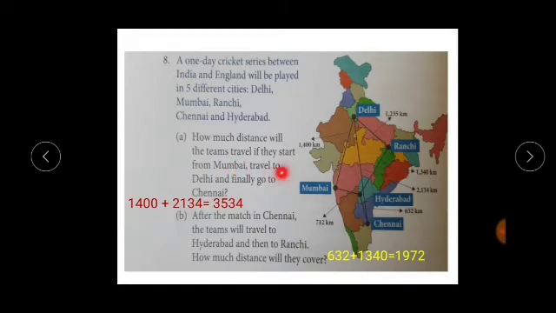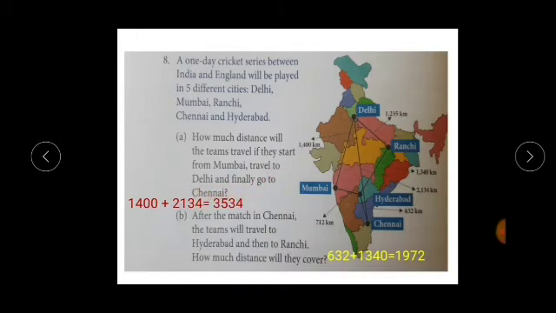So first Mumbai to... if they start from Mumbai, first we have to find Mumbai to Delhi. Here it is given Mumbai to Delhi. It is 1400 kilometers. So we can write it here. And then they travel to Chennai, from Delhi to Chennai.